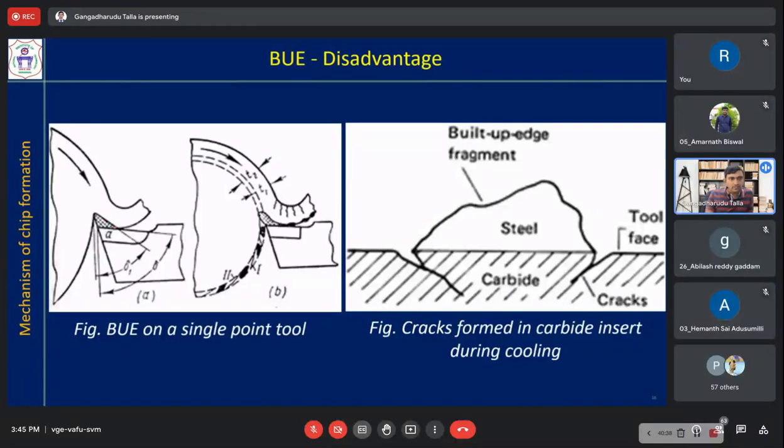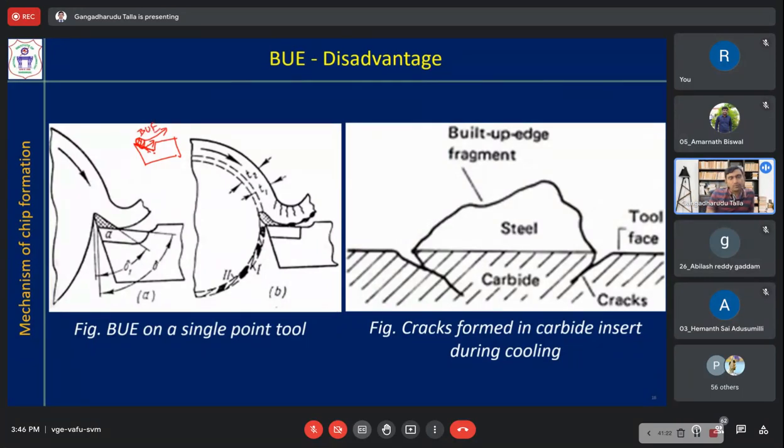And for some time, built-up edge will cover the cutting edge. Then some portion of the tool material, because tool surface is like this, rake surface, it may be coated also sometimes, or if it is not also, because this built-up edge is in contact, whenever it is going with the chip, some very minor portion of the tool material is also going along with this, because they are sticking together and they are trying to remove the workpiece material which is plastically deformed, that is built-up edge.